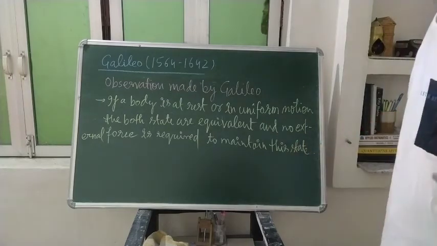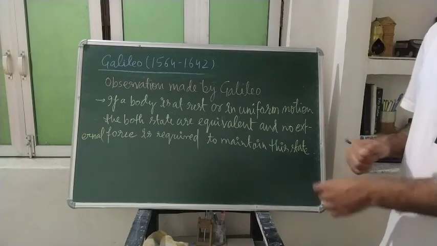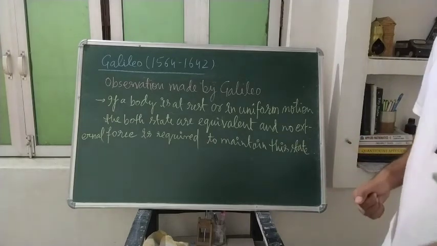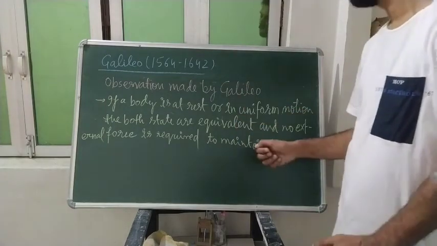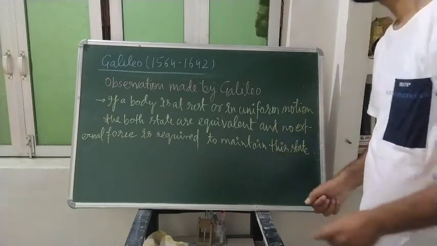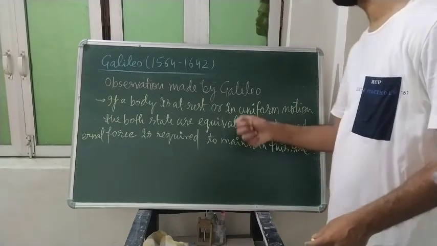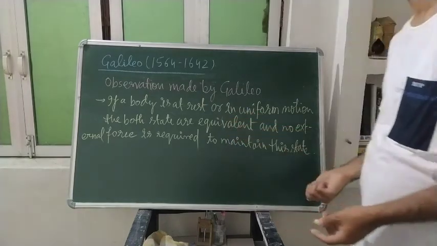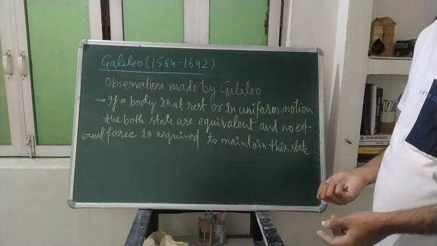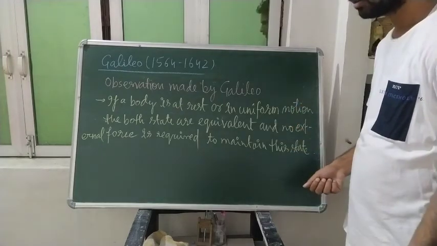Look at the observation of Galileo, that he told that if a body is at rest or in uniform motion, it will keep that state until we apply some external force on it. So what is Newton's first law?